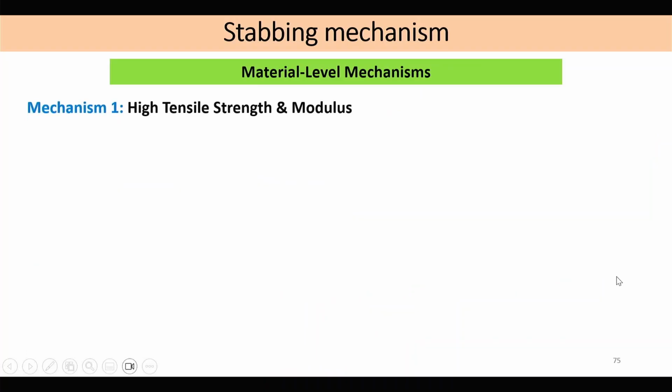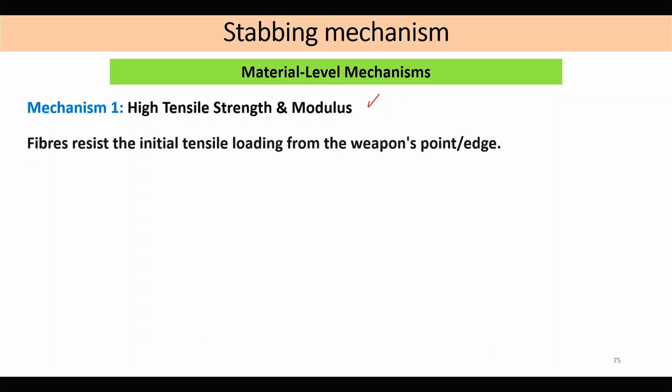So, material level mechanisms. The first mechanism is that you have to use high strength and high modulus fiber to absorb more energy. Fibers resist the initial tensile load from the weapon's point or edge.